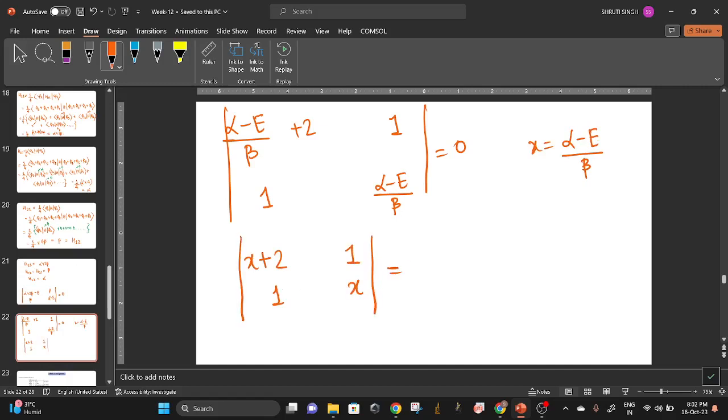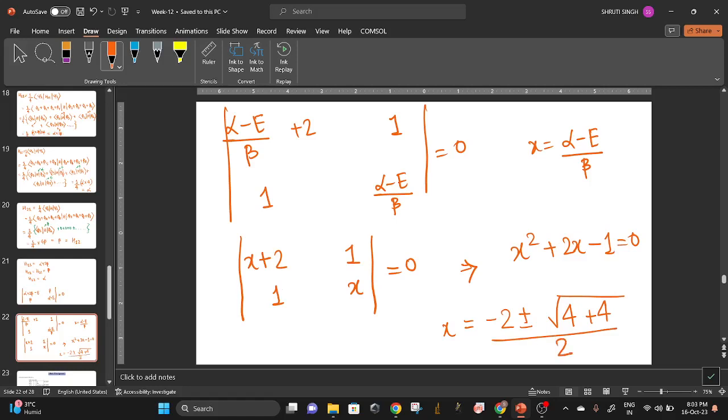This is the shorthand notation, which upon solving gives x square plus 2x minus 1 equals 0. From here you can get the value of x by using the quadratic formula: minus b plus minus under root b square minus 4ac, divided by 2a, which is 2.